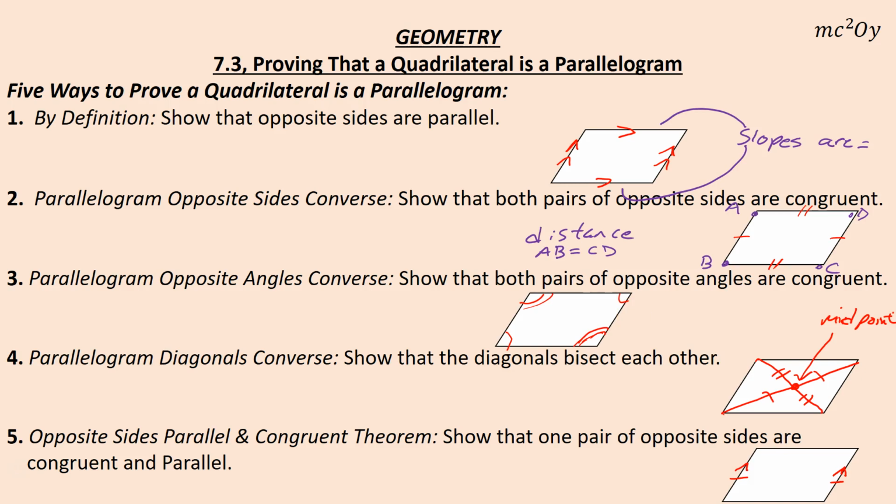Diagonals bisect each other, so think of first finding the midpoint, you use the midpoint formula. And then you could use the distance formula to find from vertex to midpoint.